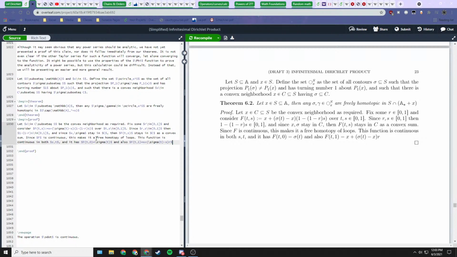Okay, so we can say the loops sigma and x plus (sigma minus x) times r, and we can actually distribute this to x times (1 minus r) plus r sigma.